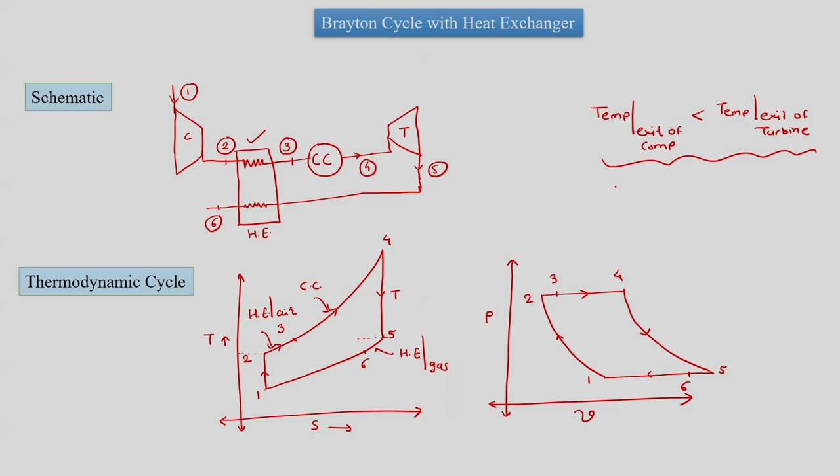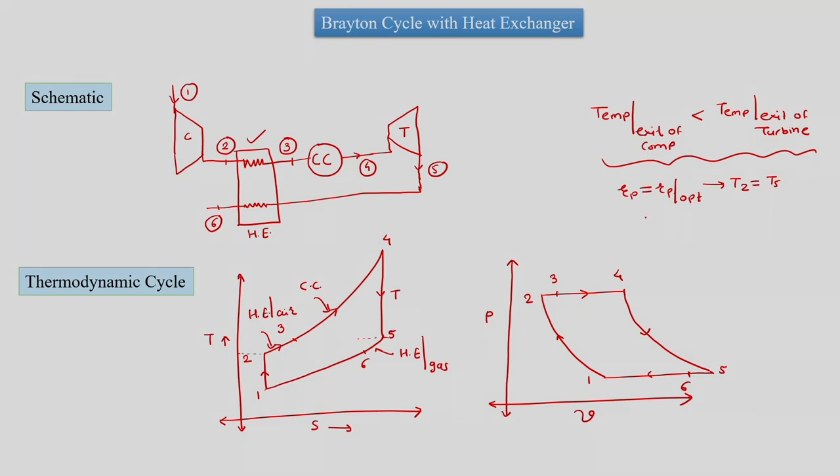Practically, when we work at the optimum pressure ratio, we have seen that T2 is equal to T5 as per this diagram.